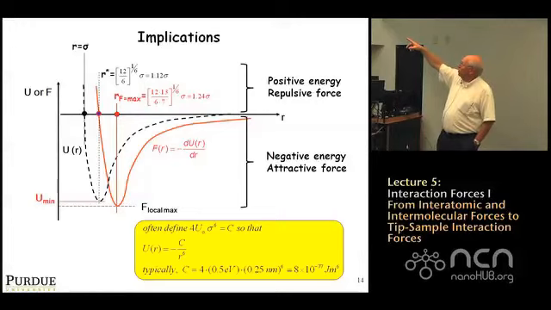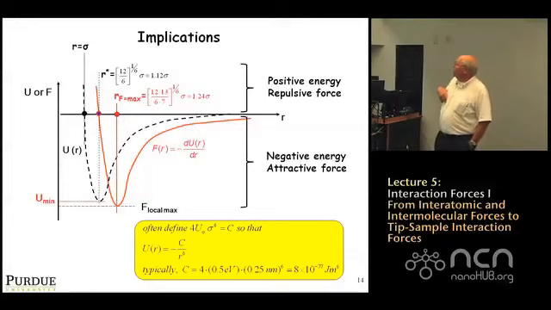There's a parameter R star, which is the minimum in U. And because it's a 6-12 potential, you can work out exactly what that is in terms of sigma. And then you can also find out the position where the force is a maximum. You can also evaluate that in terms of sigma.